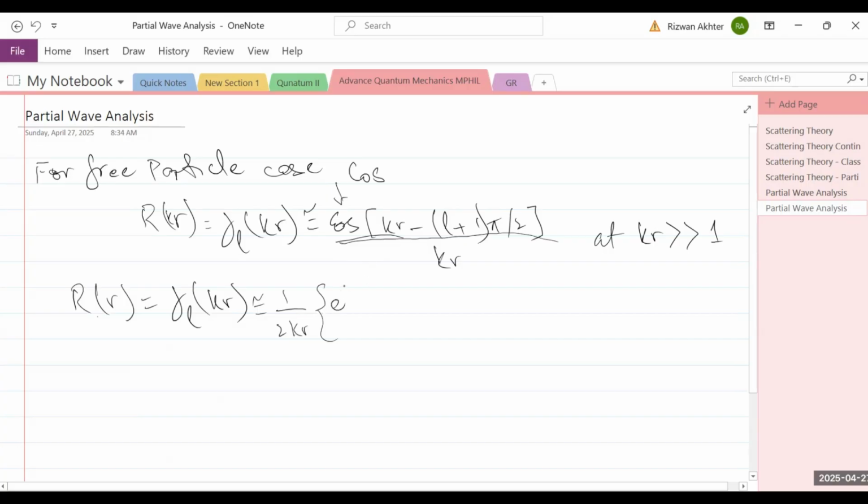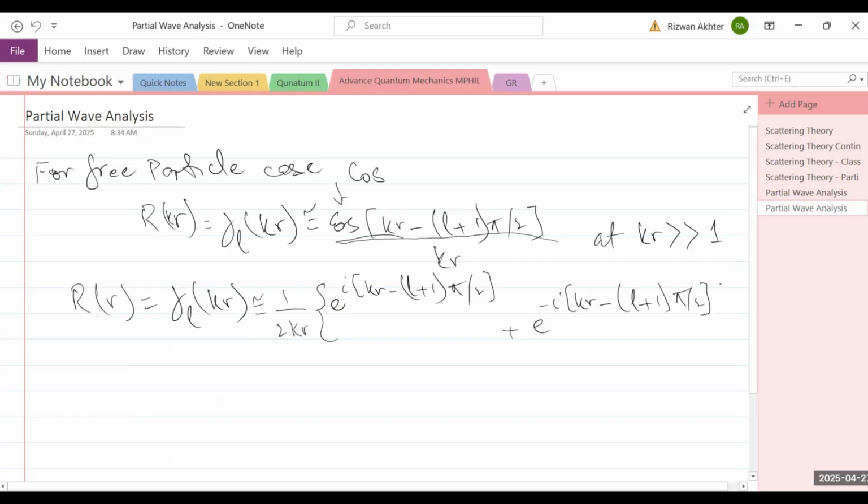So that could be e to the power iota, and then the argument, which is kr minus l plus 1 pi by 2, this quantity, plus e to the power minus iota kr minus l plus 1 pi by 2 this quantity.